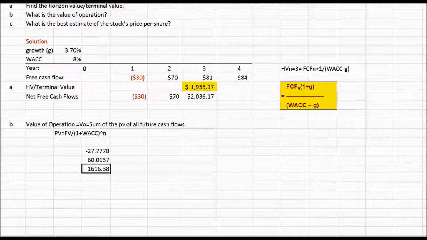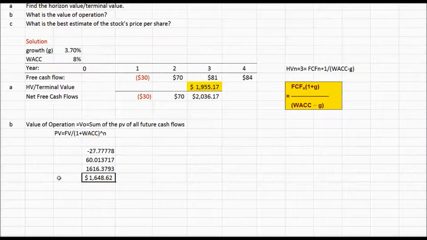So let's do the sum of all these numbers. Just use the summation function. So the sum is this number. This is the present value of operation.